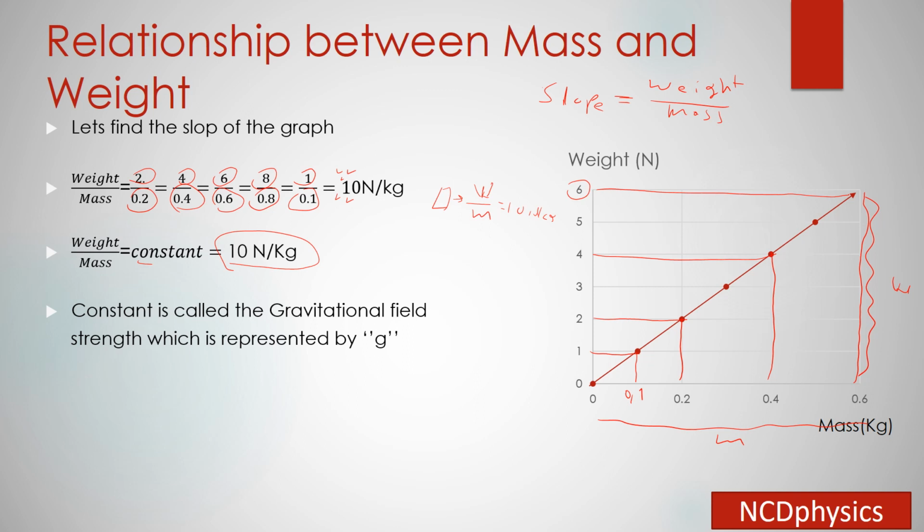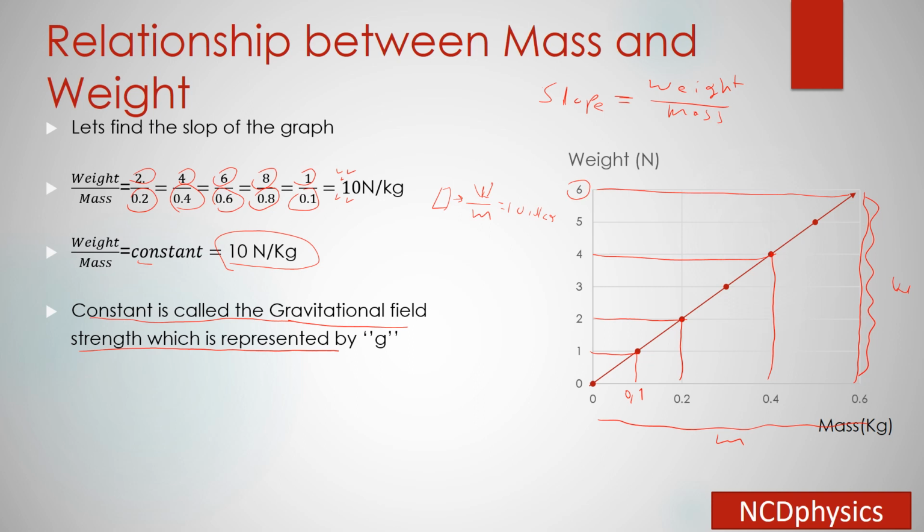This constant is called the gravitational field strength of the earth. If we are talking about the earth, it is the gravitational field strength of earth.